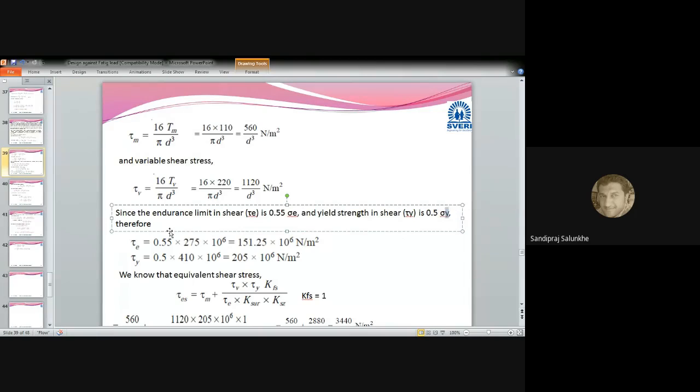So when we calculate the endurance shear stress, it is 0.55 into 275 into 10 raised to 6 Newton per meter square. And yield shear stress is 0.5 of 410 into 10 raised to 6, that is 205 into 10 raised to 6 Newton per meter square. If you remove this 10 raised to 6, then it will be just Newton per millimeter square.